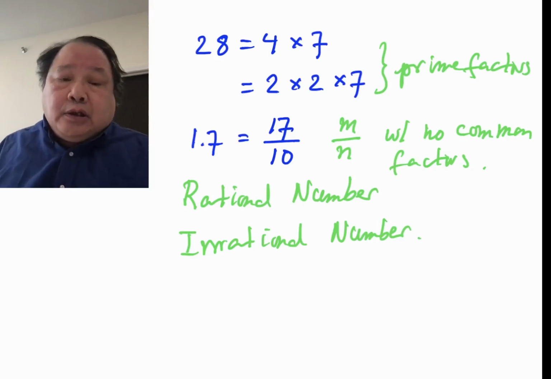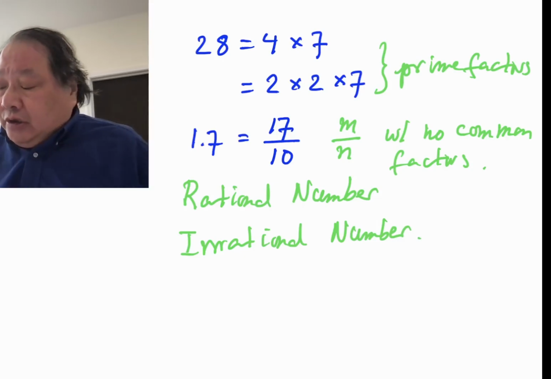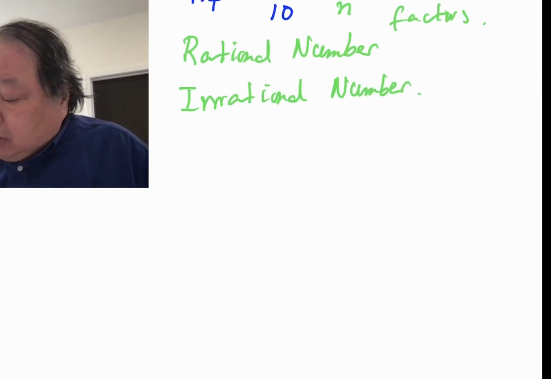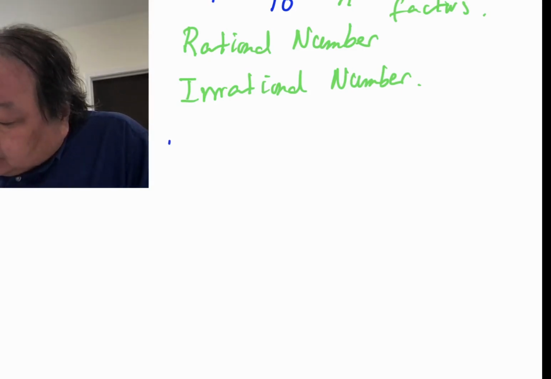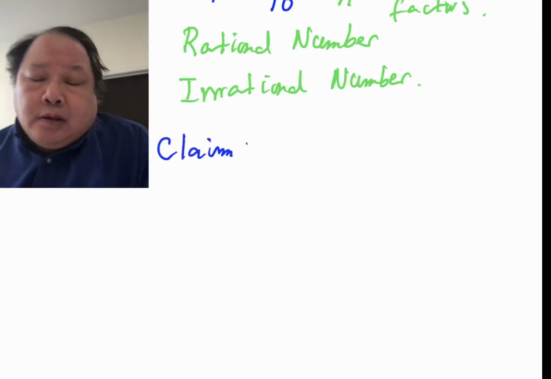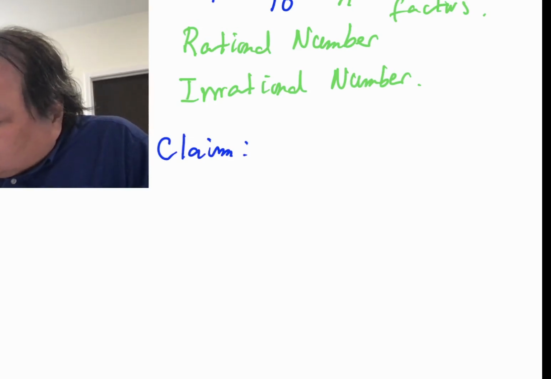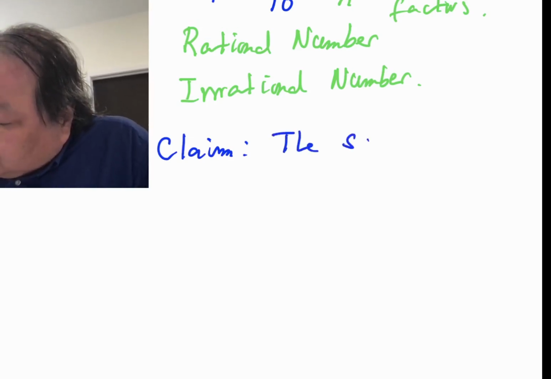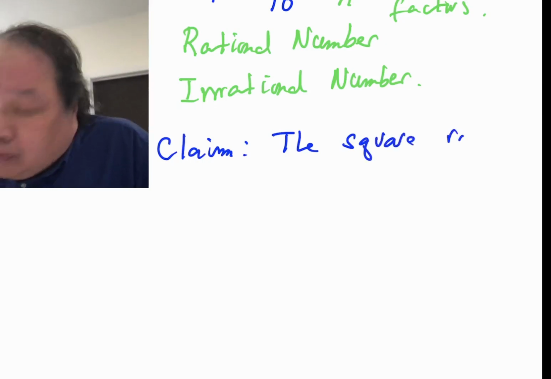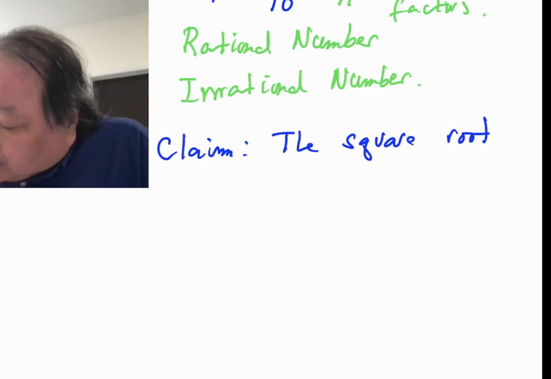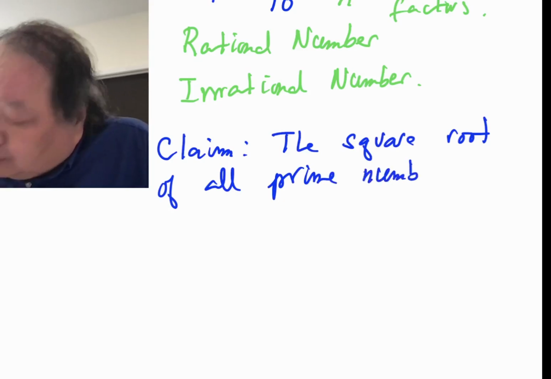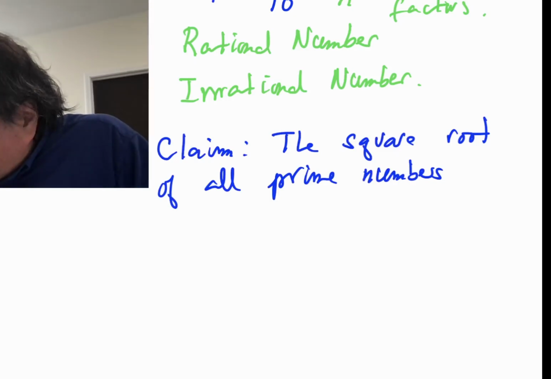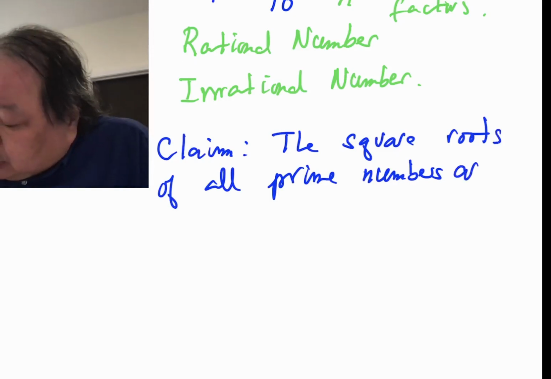With that done, he set out to teach us the following: the square root of all prime numbers are irrational.